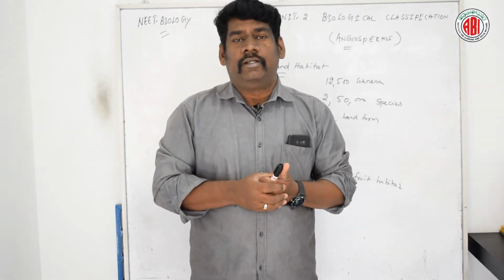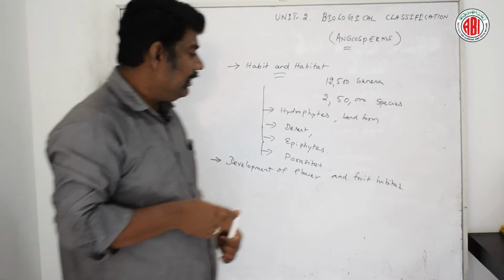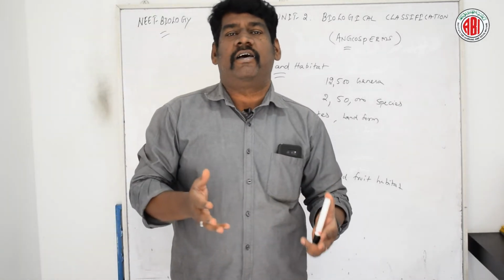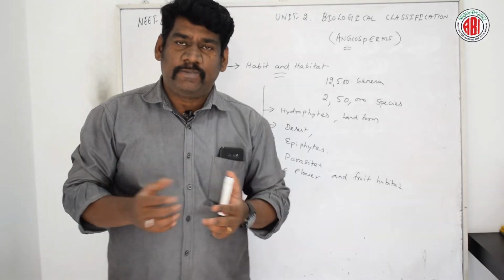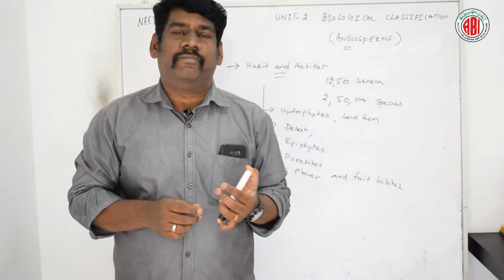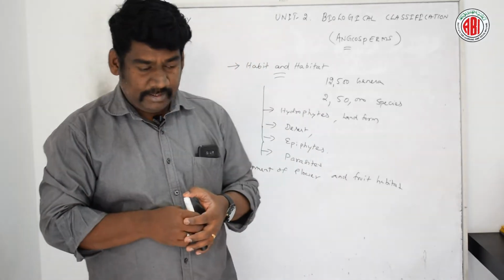Now let us talk about the functions of the flower in angiosperms. As I said, the flower is the most important and essential part present in angiosperm plants. It is involved in the most important and predominant function, which is sexual reproduction.